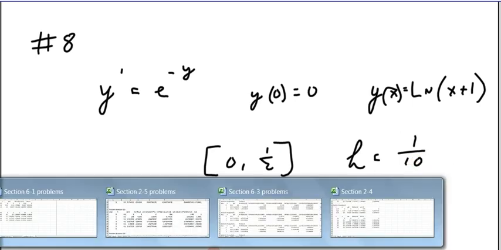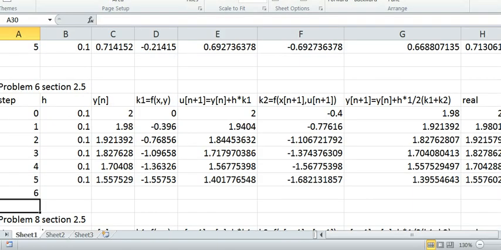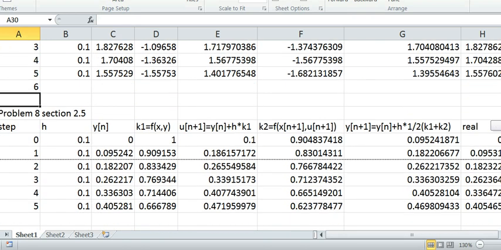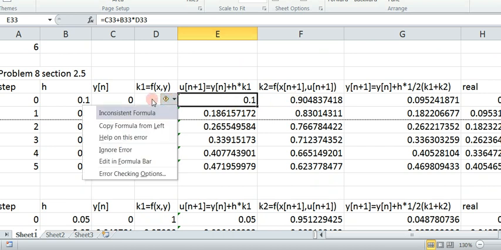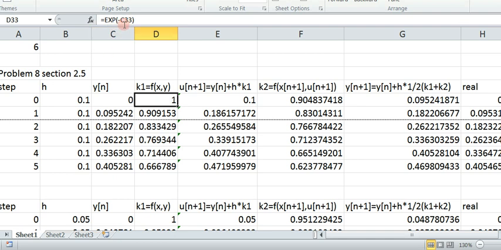Okay, and back to number 8. It looks good. So here we go, boom.